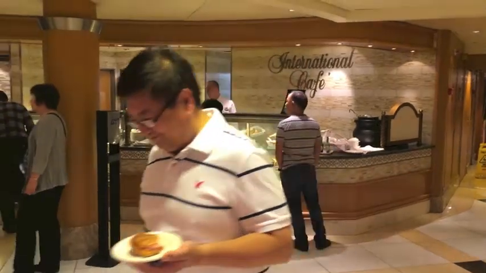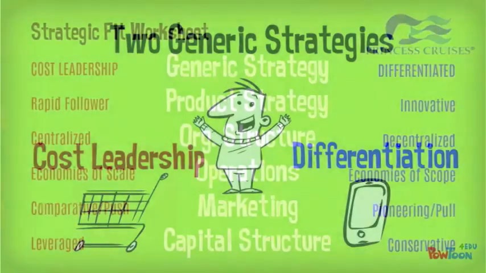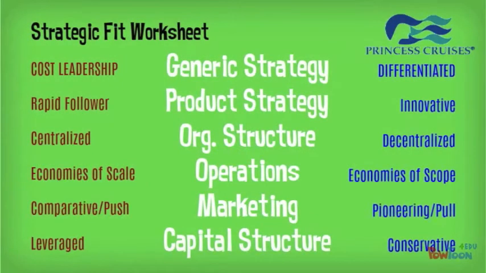With all the meals that are being served around here, Princess Cruises should be making money from the savings of volume discounts. So, is it a cost leader or a differentiated? We're still not sure. Let's use the worksheet and find out Princess Cruises' product strategy.